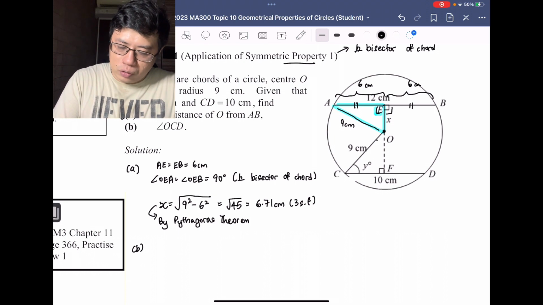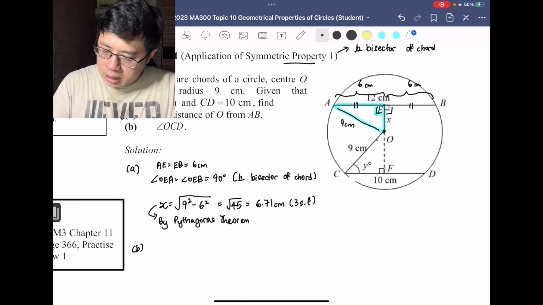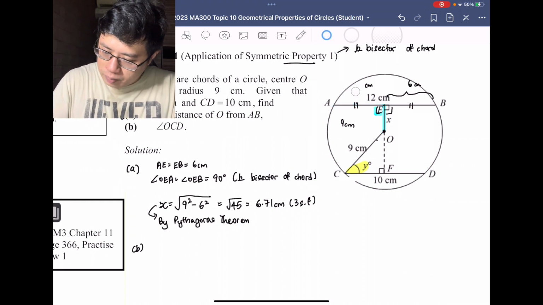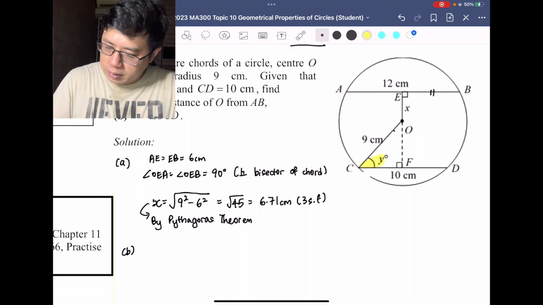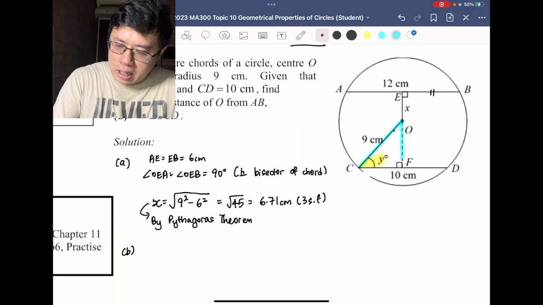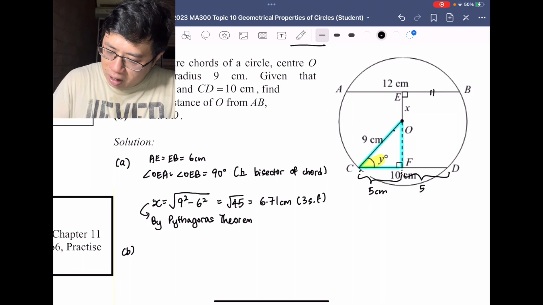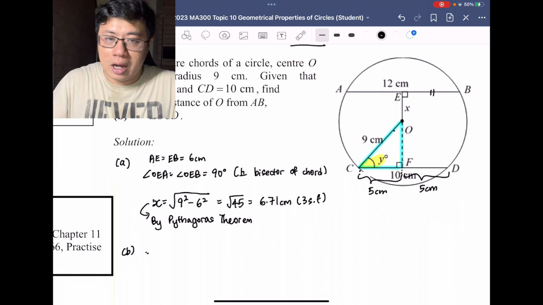In part B, we want to find angle OCD, which is over here. Let's call this angle y. Now, let me erase all the other markings that I've done earlier. If you look at OCD, again I'm going to focus on this blue triangle here. One thing I know is that because of the perpendicular bisector of a chord, CF is going to be 5 cm, which is the same as FD, which is also 5 cm.